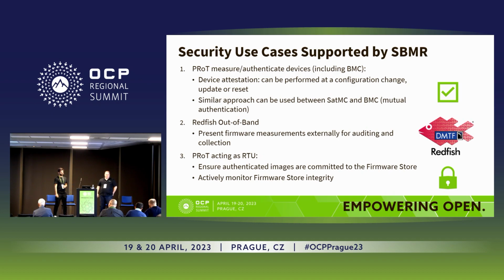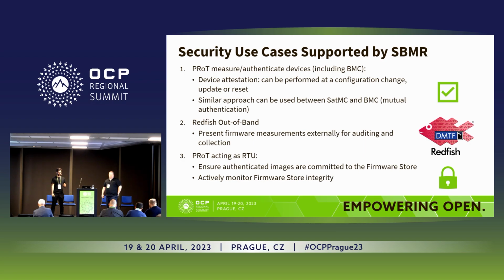Looking a bit more into the security use cases supported by SBMR, you have the platform root of trust performing measurement or authentication of the different devices, including the BMC. And device attestation can be performed at different system events, whether you have a firmware update of your endpoint device, you just perform a reset or just tweak the configuration in your endpoint.